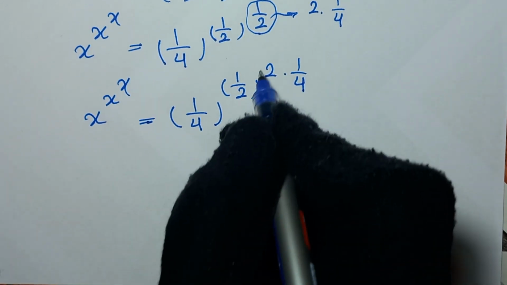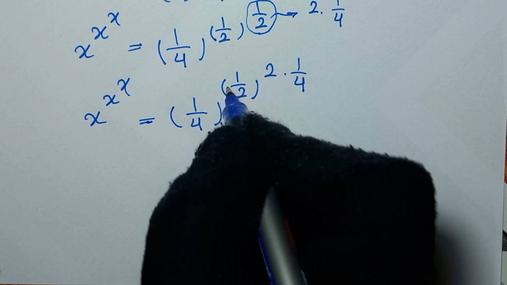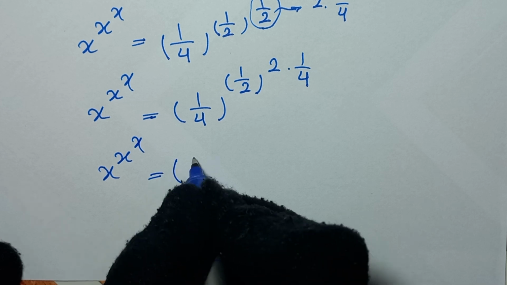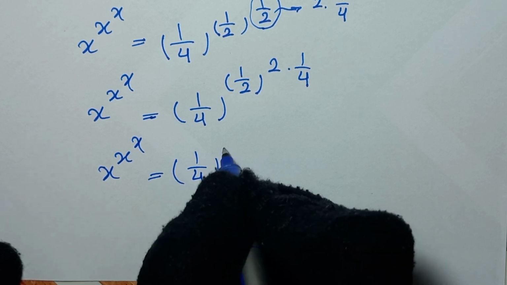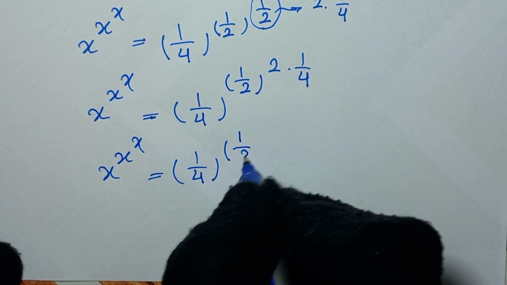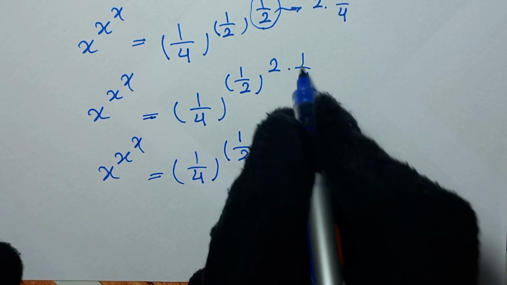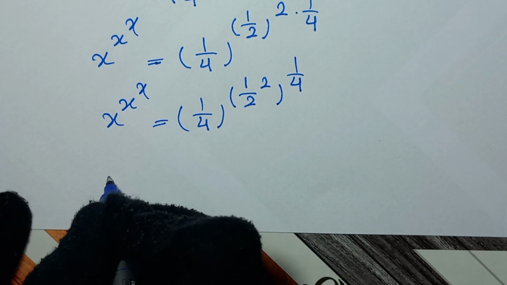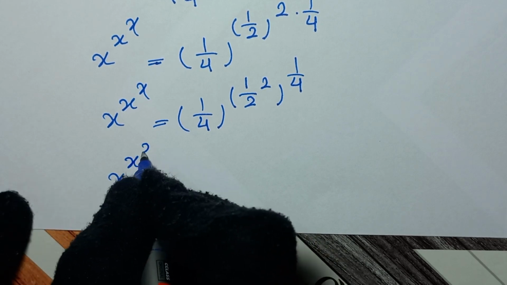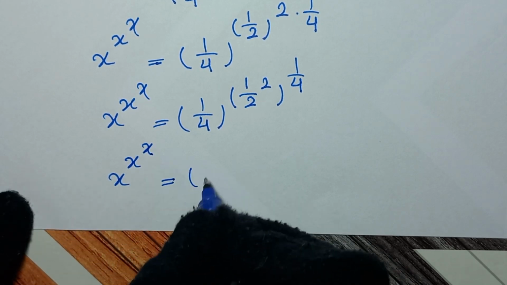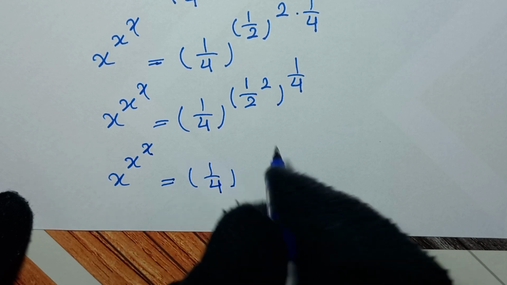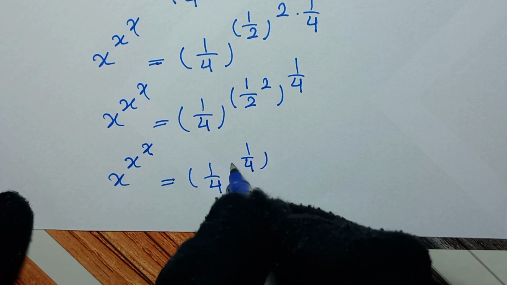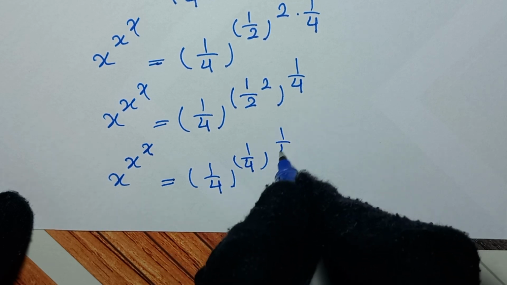And we take these two inside the bracket and it will be x to the power of x to the power of x is equal to 1 over 4 to the power of 1 over 2 to the power of these two, and to the power of 1 over 4. And it will be x to the power of x to the power of x is equal to 1 over 4 to the power of 1 over 2 to the power of 2, which is 1 over 4, and to the power of this 1 over 4.